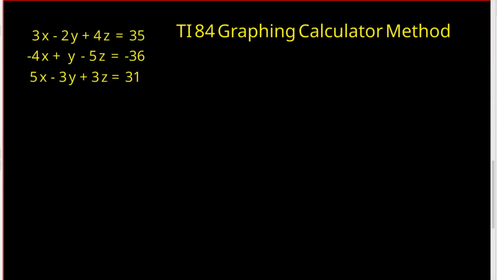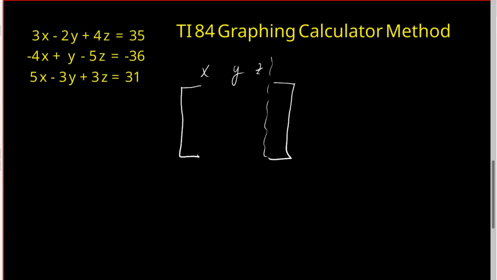When using a graphing calculator, I need to transform these equations into a matrix, where I have an x column, a y column, a z column, and then a non-variable column. In the first equation, I have 3 x's minus 2 y's, 4 z's, and this is 35.